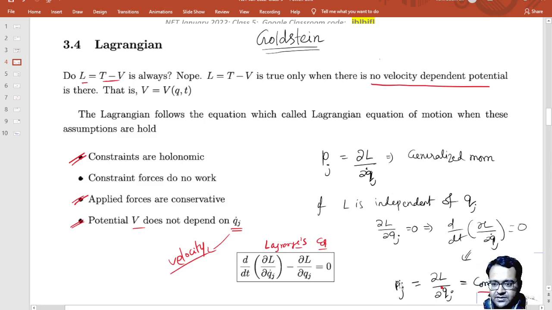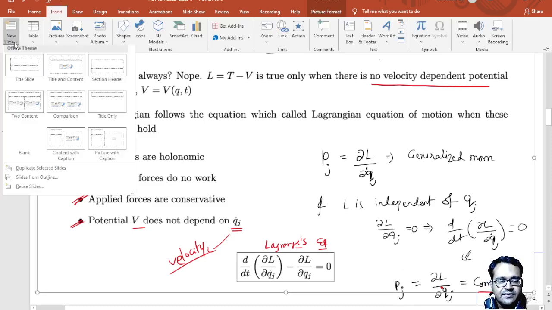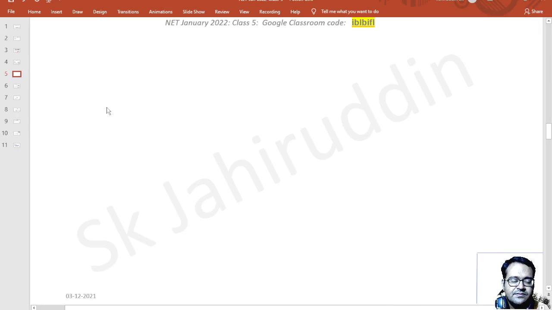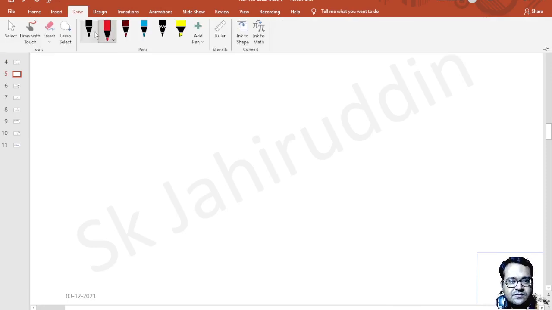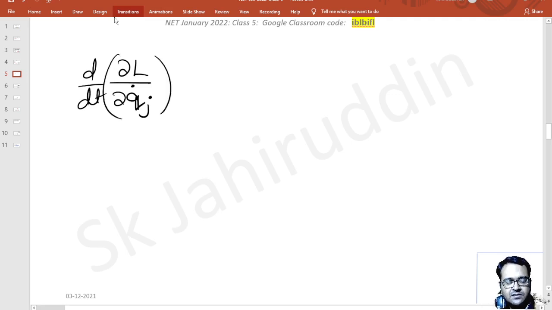I will just write again to show its importance. d/dt of del L del Qj dot minus del L del Qj, that is the Lagrange's equation.